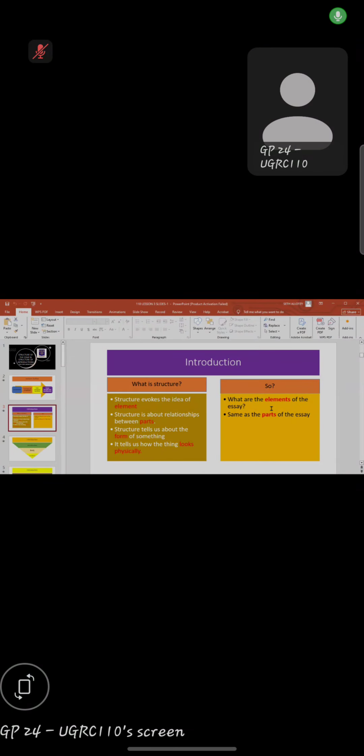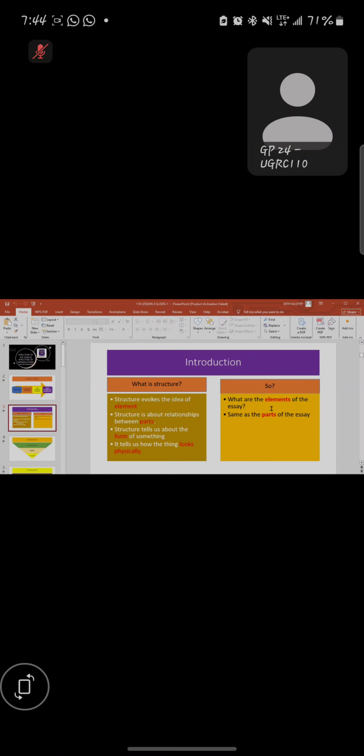Here on your screen, you can see that I've intentionally highlighted some four words: three words plus a phrase. We have elements, parts, form, and physical look.